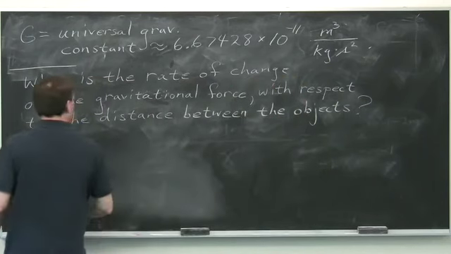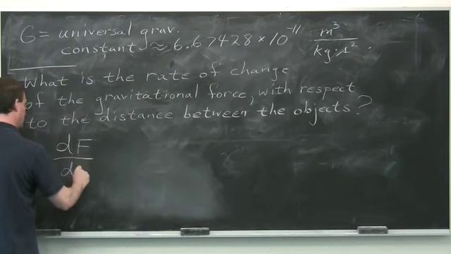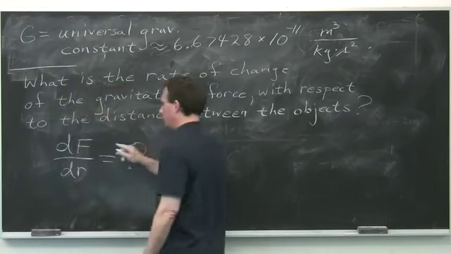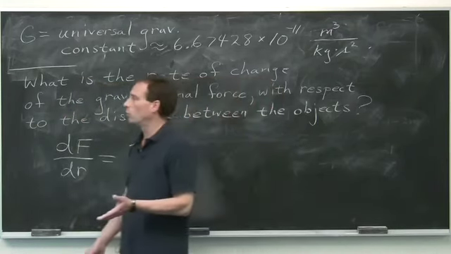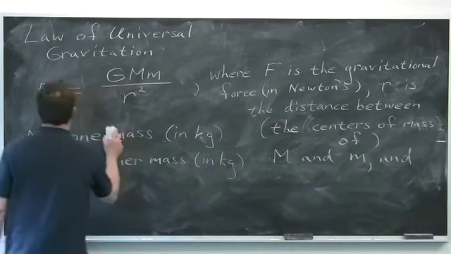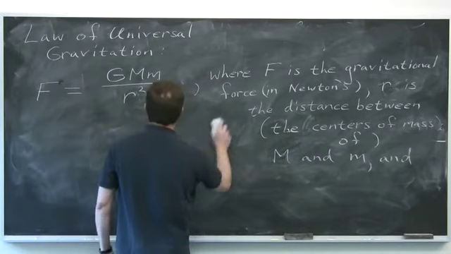So what are we being asked for? We're being asked for what's dF/dr, the derivative of F with respect to r, the instantaneous rate of change of F with respect to r. Well, it's easy for us now. We have very little work to do. Here's F as a function of r. We could use the quotient rule.